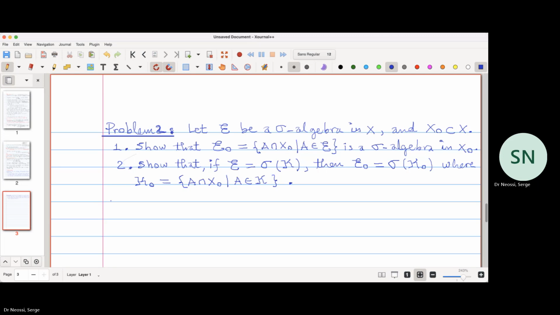And to do this one, there's a hint that will help you. So the hint: the first inclusion follows from the first question from problem 1.